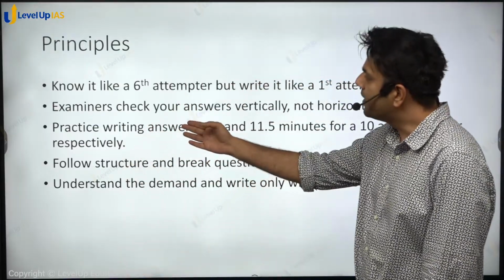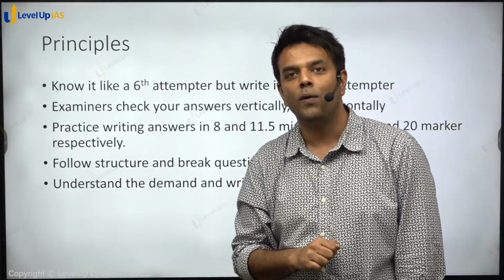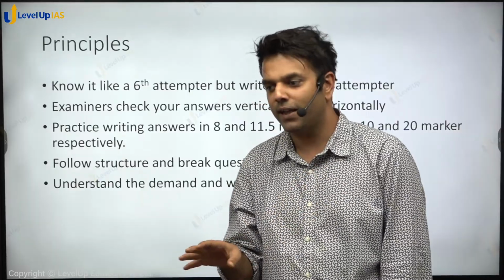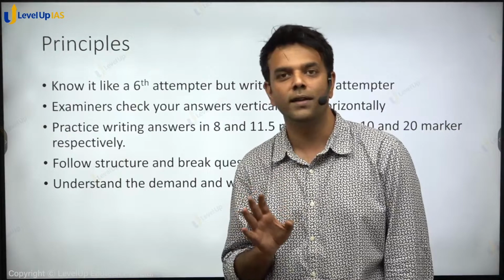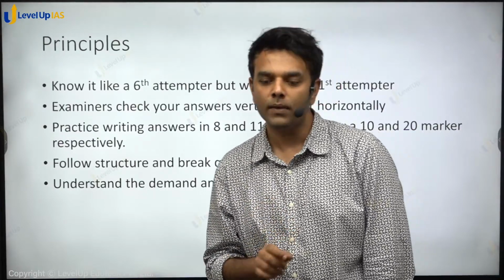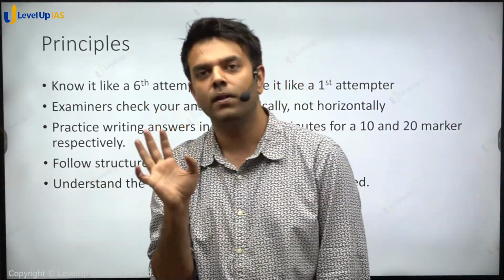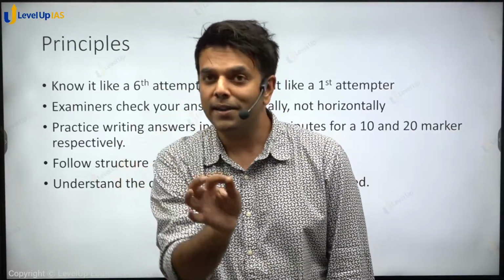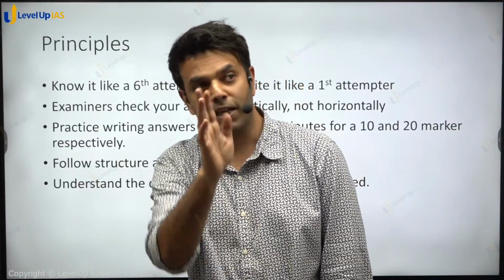Second point, examiners check your answers vertically, not horizontally. What does it mean? Examiners do not find any interest in checking your answers with full passion. This is not how things are going on in the board. What happens is, all of them are given tasks. All of them are taskers. Consider the professors as taskers completing their task in the given time.